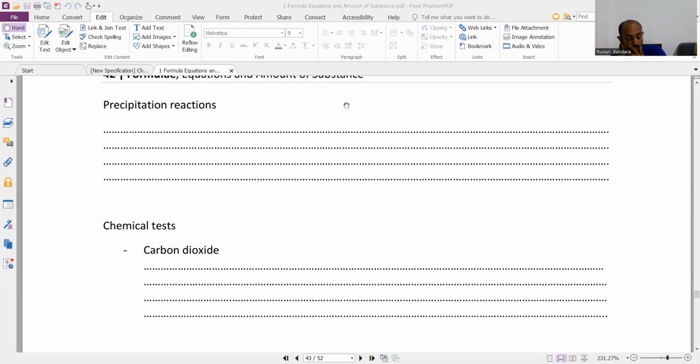And number two, it's an important one, to work out the chemical equations.